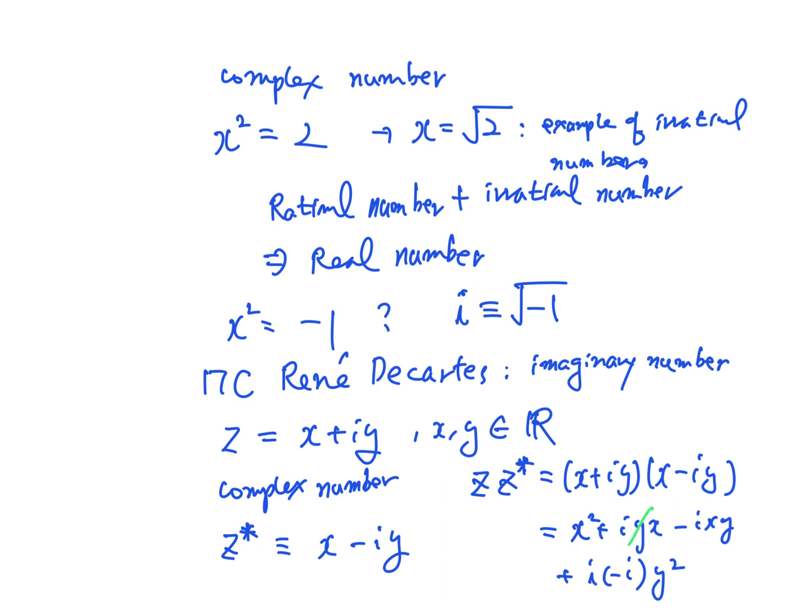And this cancels each other. This becomes plus 1, right? Because i squared is minus 1, so minus i squared is supposed to be plus 1. So this is actually x squared plus y squared.